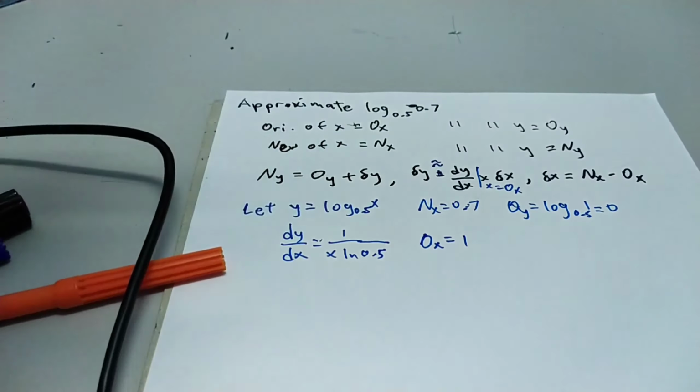I have everything right here, and when I plug in the value, dy over dx is equal to 1 over natural log of 0.5. So we can approximate the value.